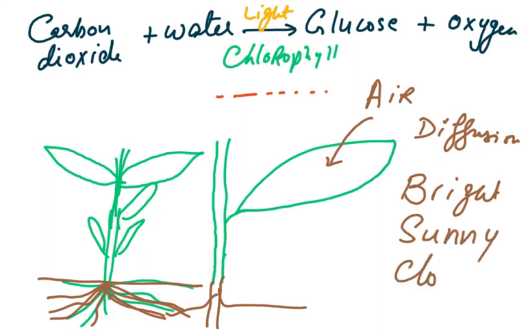If it's a cloudy day, probably not. And why? Because it's going to be a high concentration in the air, and a low concentration in the leaf because it is being used up for photosynthesis. So low CO2 inside the leaf, high CO2 outside in the air. So carbon dioxide is going to diffuse in from the air into the leaf.